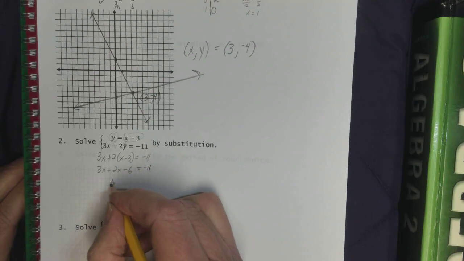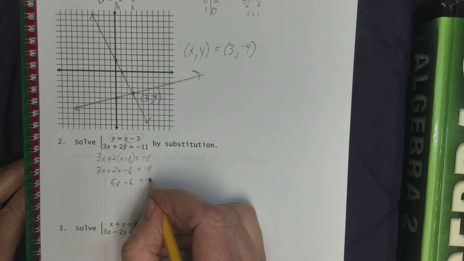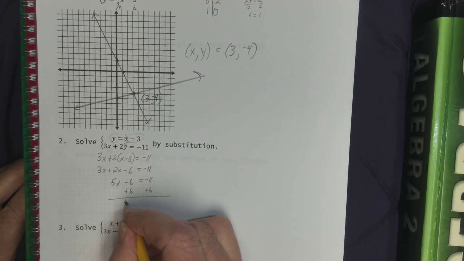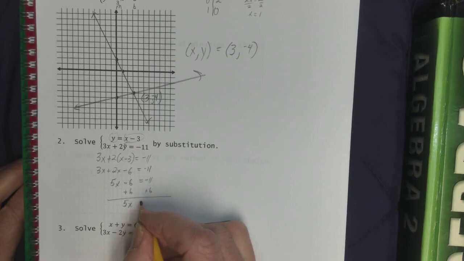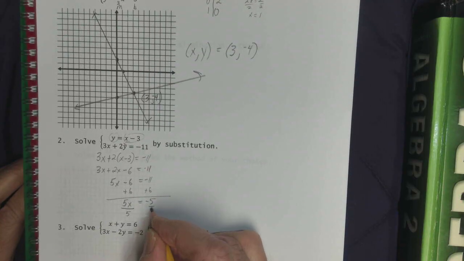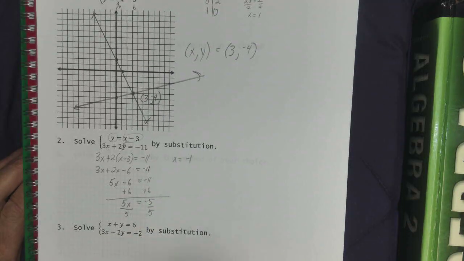This is 5x minus 6 equals -11. Let's add 6 to both sides. I've got 5x equals -5. I'll divide by 5, and I'm getting x equals -1.